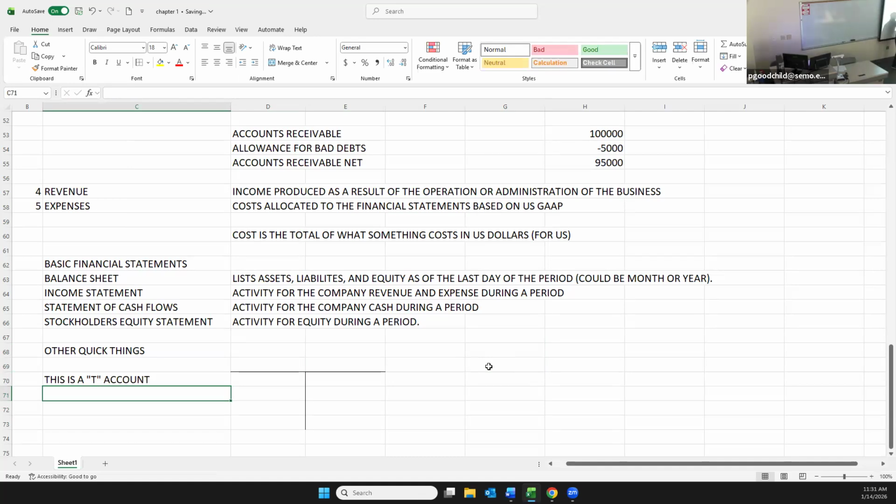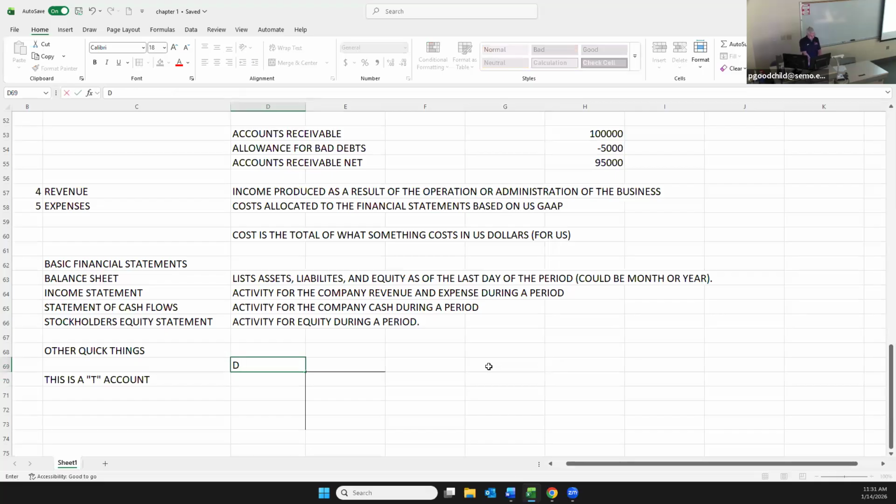So just a T. Debit, credit. Debit means left side. Credit means right side.